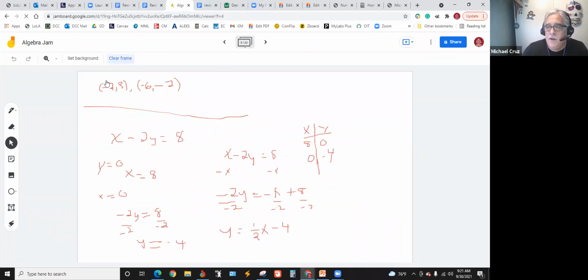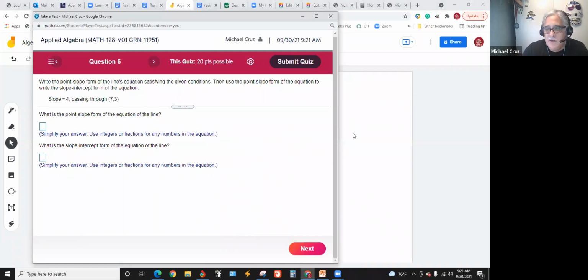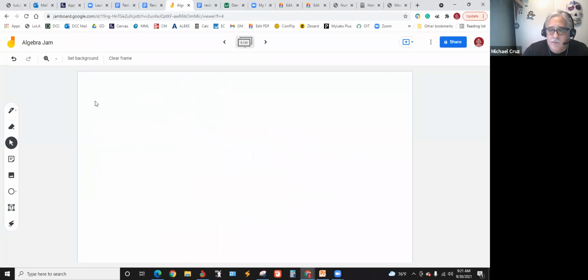Okay, so we had slope 4, and then we had the point 7, 3. So remember, m is 4. And we want to build an equation.